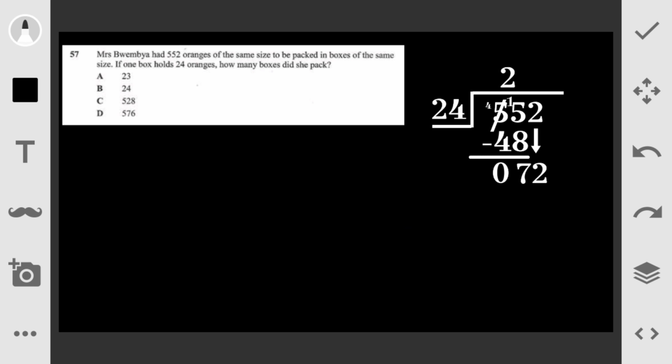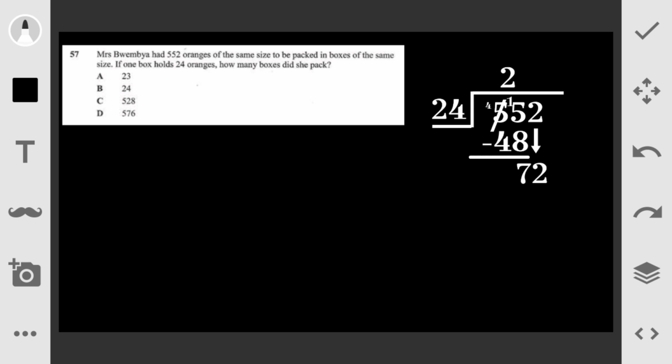I hope you understand that 072 and 72 are just the same. Since we are doing this for grade 7, we are going to remove the 0 so that it just remains 72, so that people do not get confused by the 0.